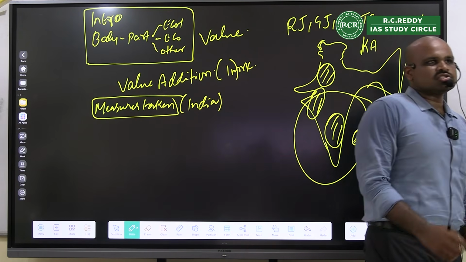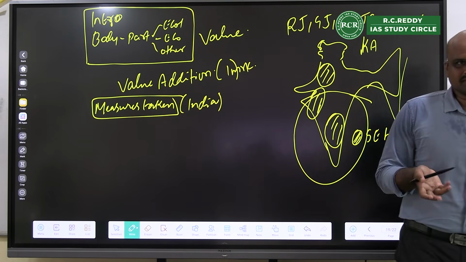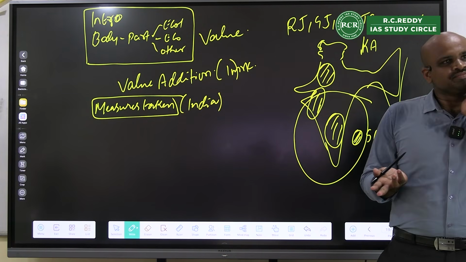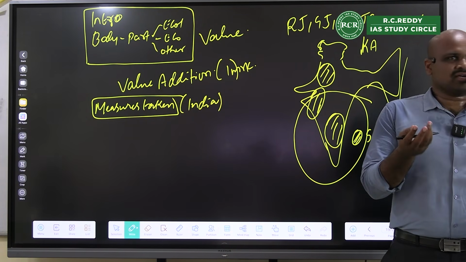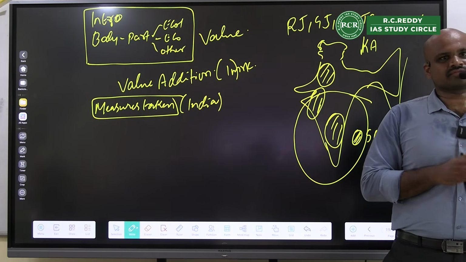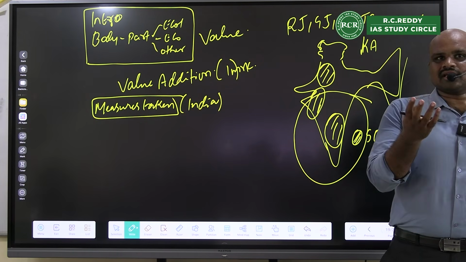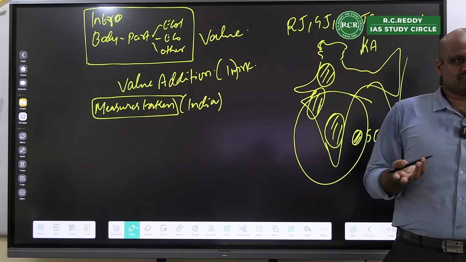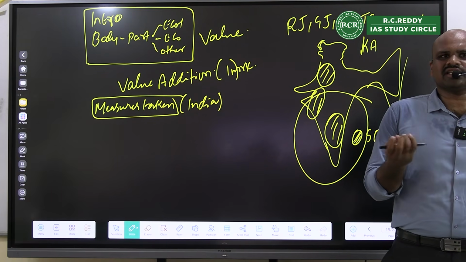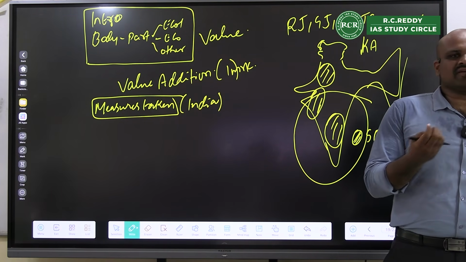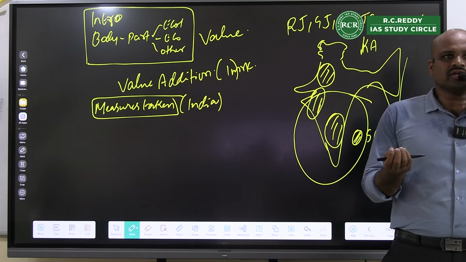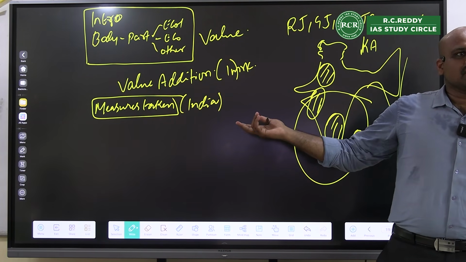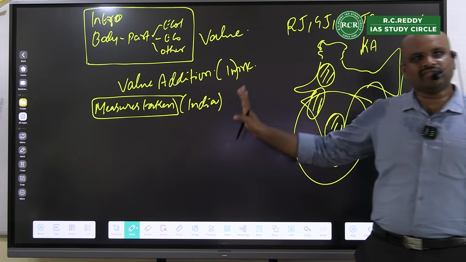Something like the National Solar Mission, NSM, or something like ISA, or subsidies for rooftop, or something like PM Kusum. What are all these? Measures taken by the Indian government for promoting solar energy. That I can do.